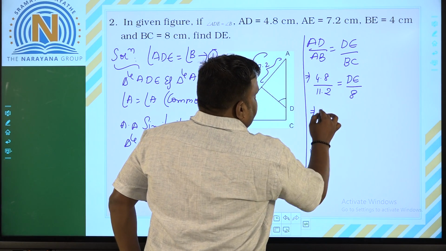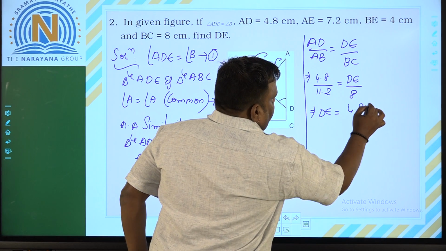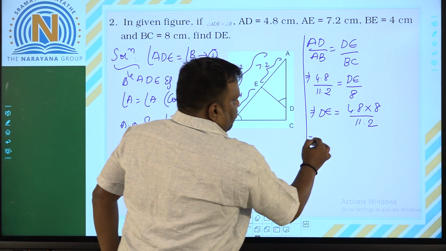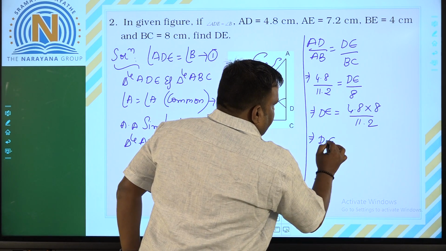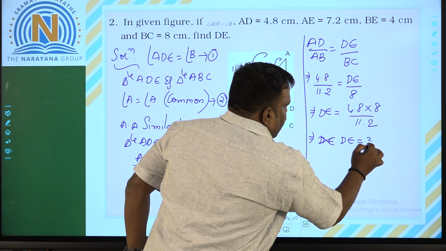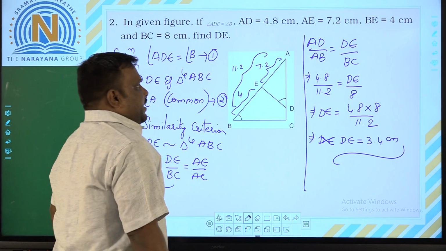So DE is equal to 4.8 into 8 by 11.2. When you calculate and simplify, the DE value will be equal to 3.4 centimeters. So this is the value of DE.